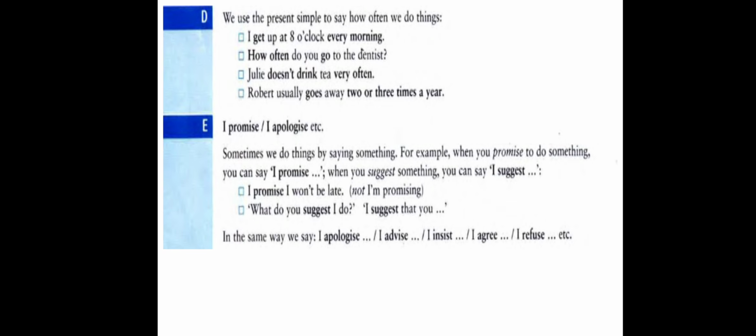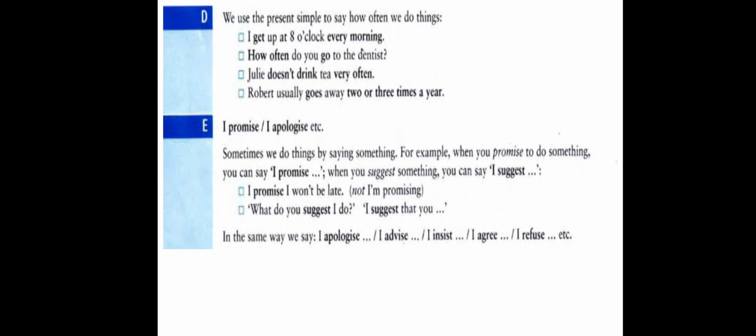If the sentence is positive, we say Julie drinks tea very often. Drinks here is singular with the verb s, so to make it negative we use does, so it becomes Julie doesn't, and we change the verb drinks into the base form, drink. So we say Julie doesn't drink tea very often.